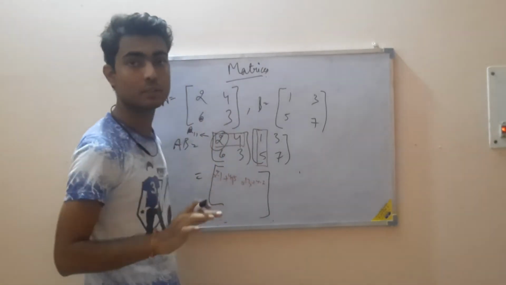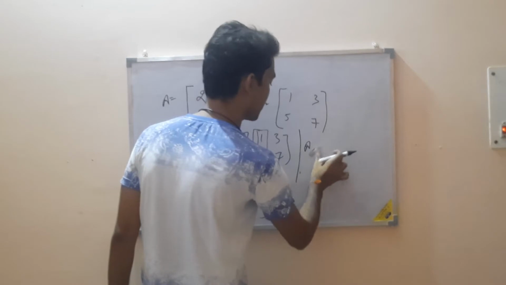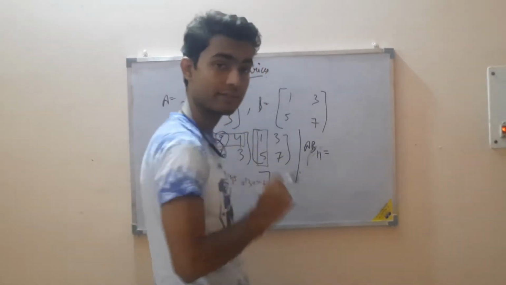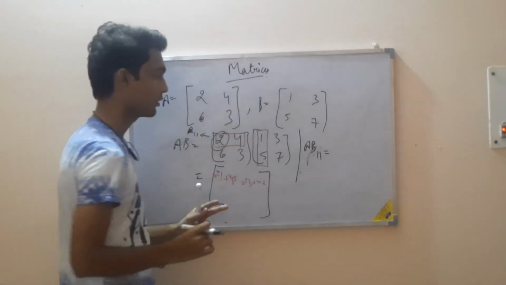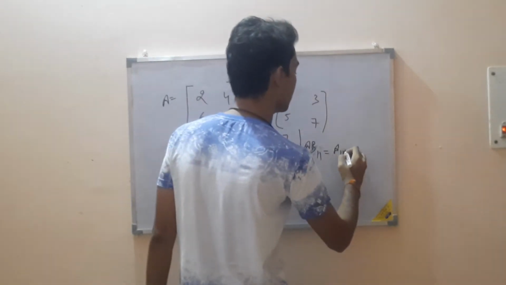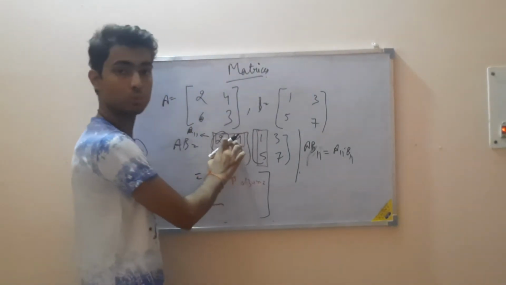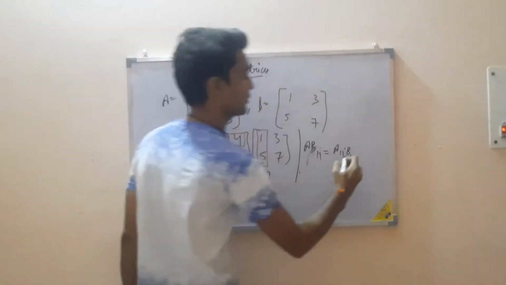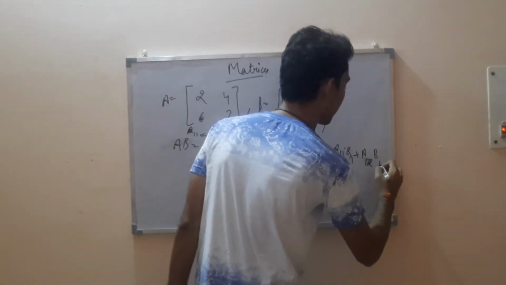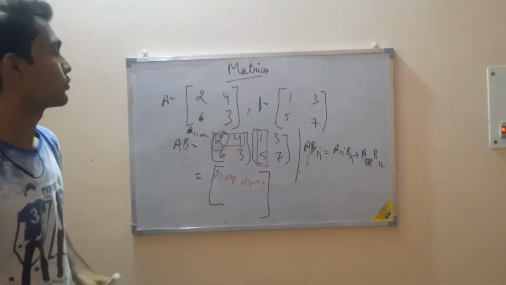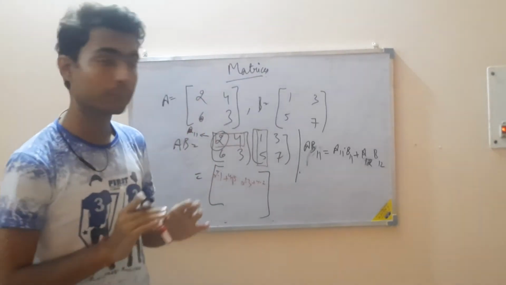Basically we are making AB, where AB11 is equal to A11 multiplied with B11 plus A12 multiplied with B21.